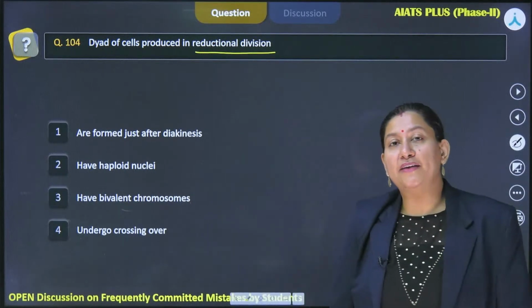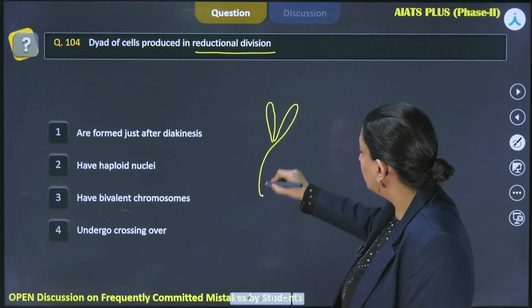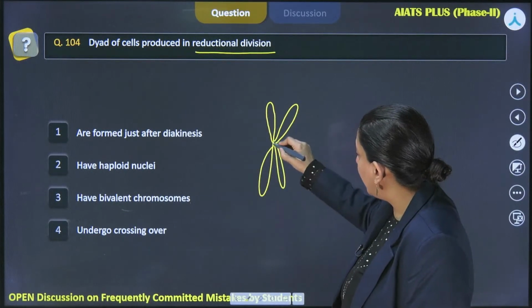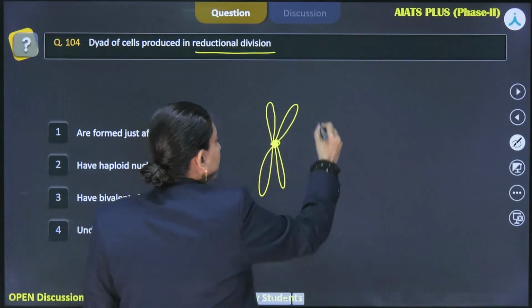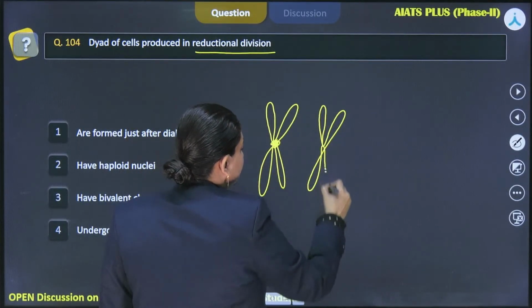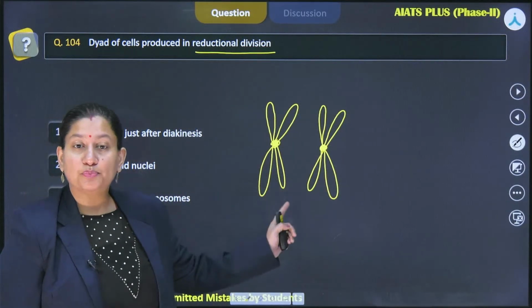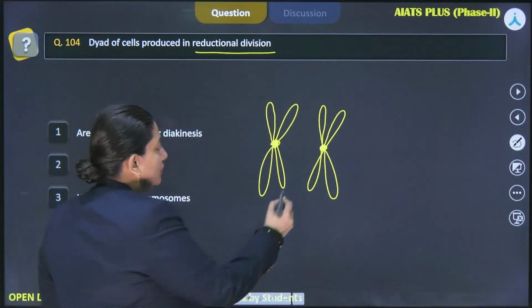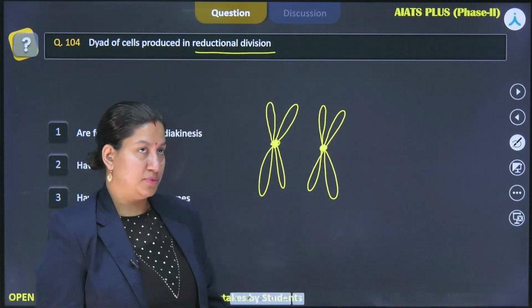When we talk about homologous chromosomes, there will be a pair, like this, X-shaped chromosomes. If they are alone, we call it a pair of homologous chromosomes.